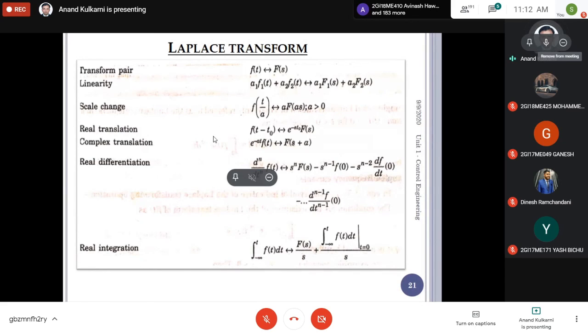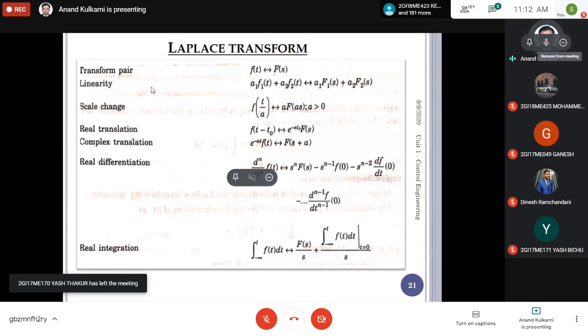If it is d cube f of t by dt cube, the Laplace transform becomes s cube f of s, and so on. For a first order differentiation there will be one initial condition, second order two initial conditions, third order three initial conditions. But we are assuming initial conditions 0, so they will not appear anywhere.